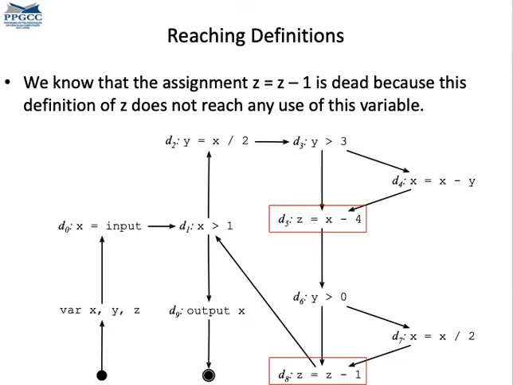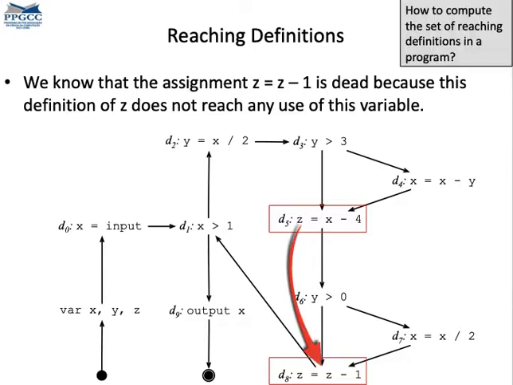Notice that we have two definitions of z, one at D5 and another at D8. The definition at D5 reaches a use of z. I'm showing this def-use relation here with the arrow. But the definition at D8 doesn't reach any use of variable z. That's why we say that the definition at D8 is dead.